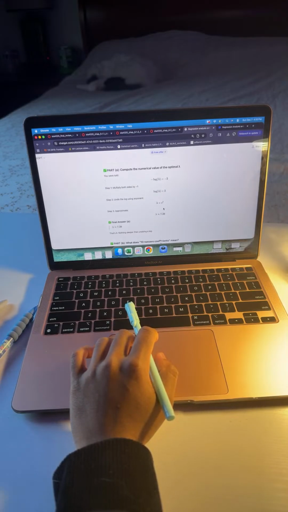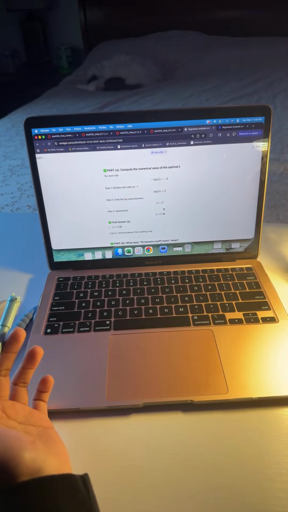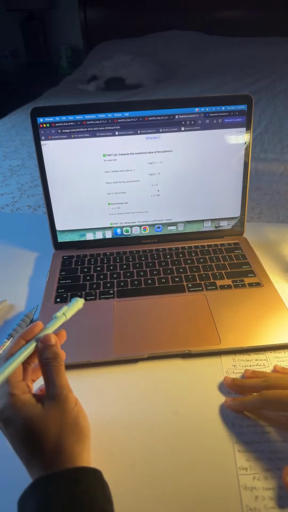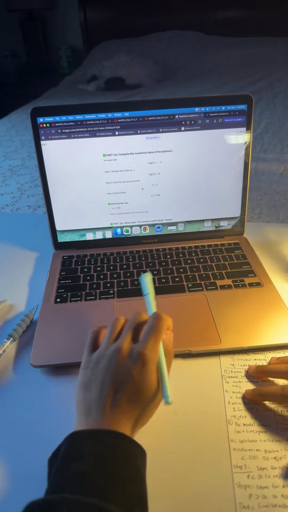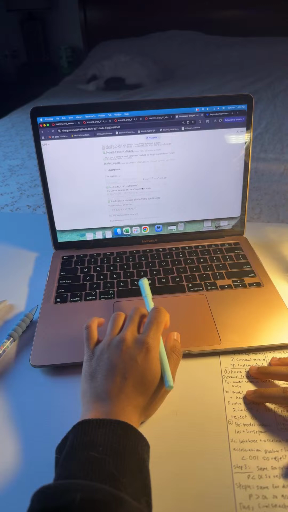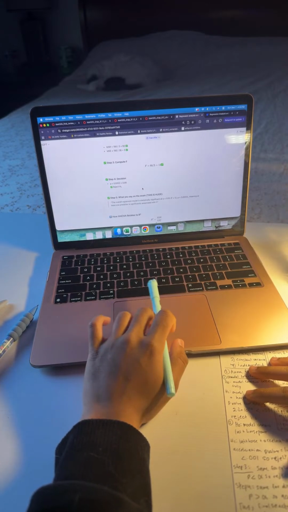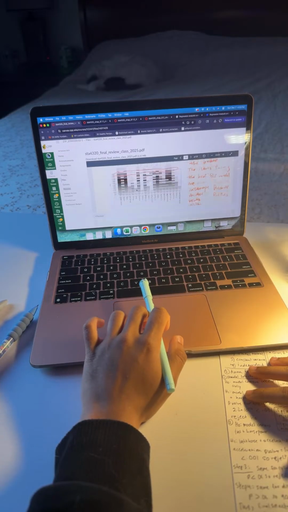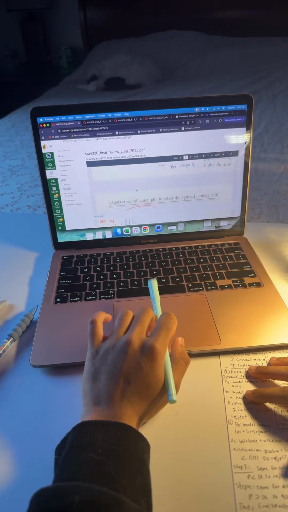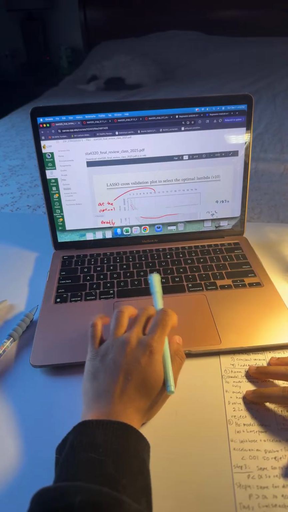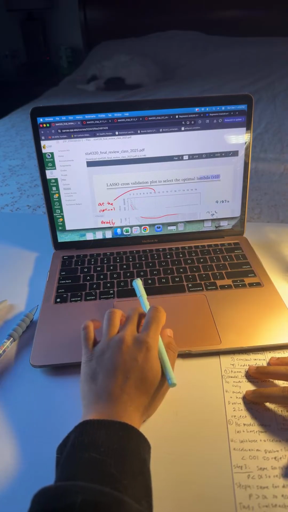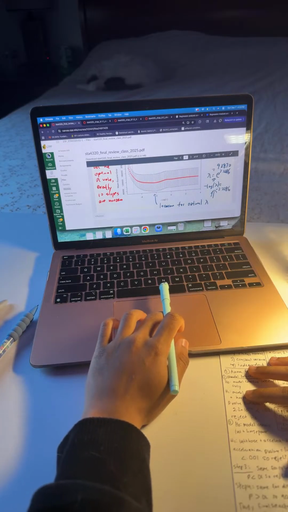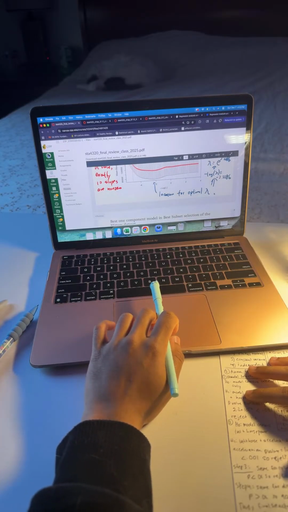Okay. I guess we did go over computing that. Compute the numerical value of the optimal lambda. Wait, what section is this again? What concept? Oh, it's just the picture. What is this again? Lasso cross-validation plot to select the optimal lambda. Oh, so that's what he was computing here.